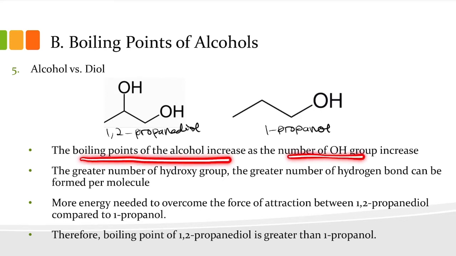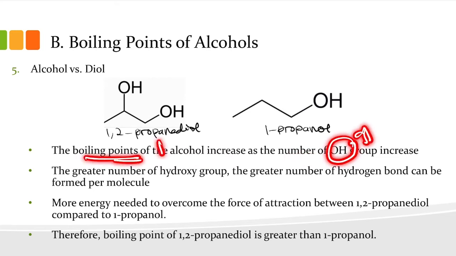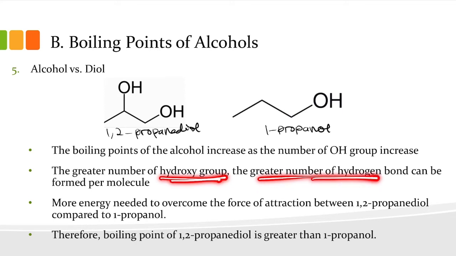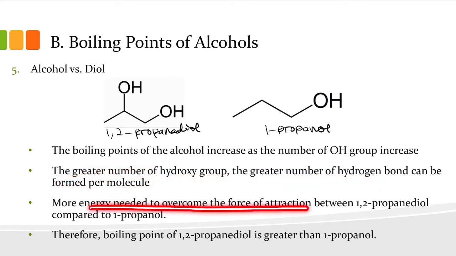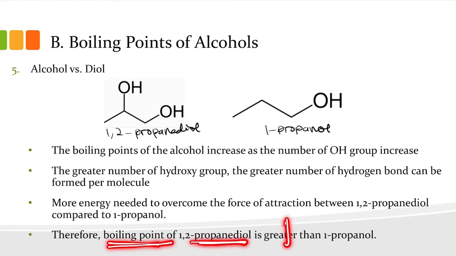The greater number of hydroxy groups means a greater number of hydrogen bonds can be formed per molecule. Thus, more energy will be needed to overcome the force of attraction between 1,2-propanediol molecules compared to 1-propanol. Therefore, the boiling point of 1,2-propanediol is greater than 1-propanol.